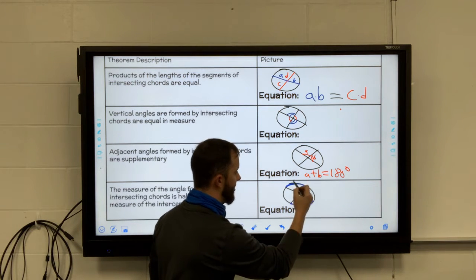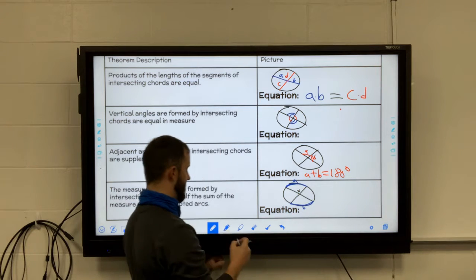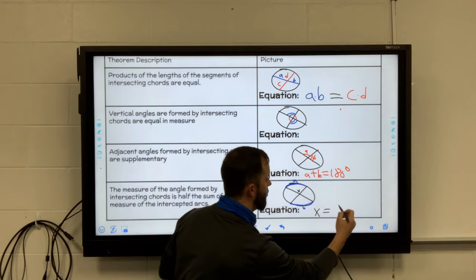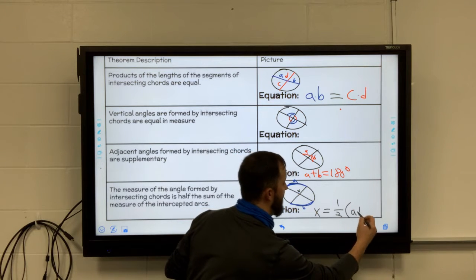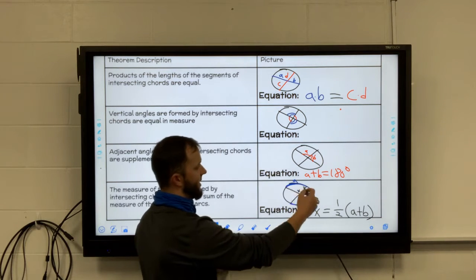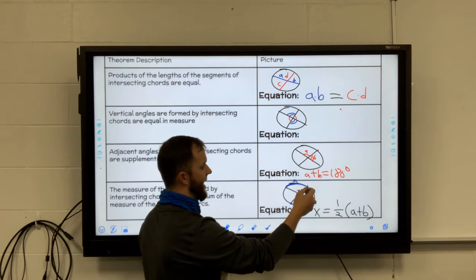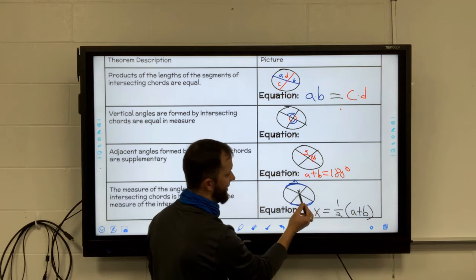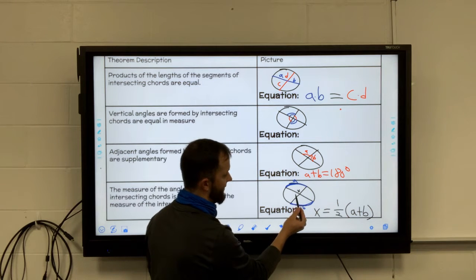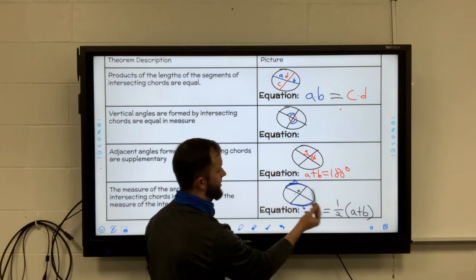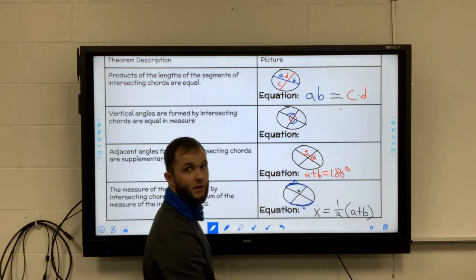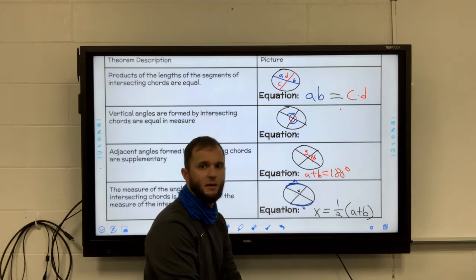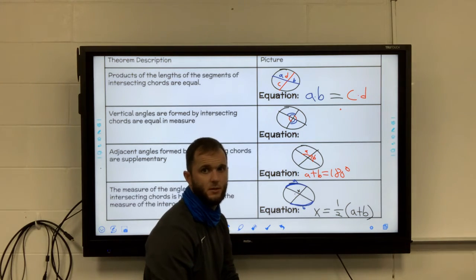I'm going to call this arc A, and this arc B. So if I wanted to find angle X here, X is going to be equal to 1/2 the measure of A plus B. So I'm going to take this arc, which is A, and this arc, which is B, add them together, and take half of it, and that's going to give me this angle right here. So we're going to take this information and plug it into our examples, and hopefully it'll make some sense to you guys. Let's jump over to that.